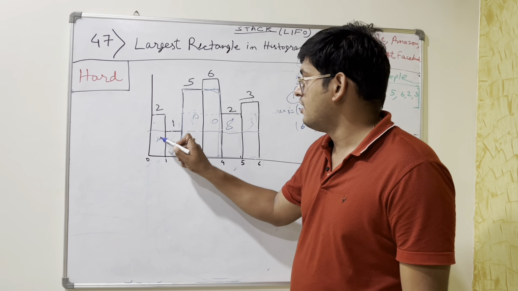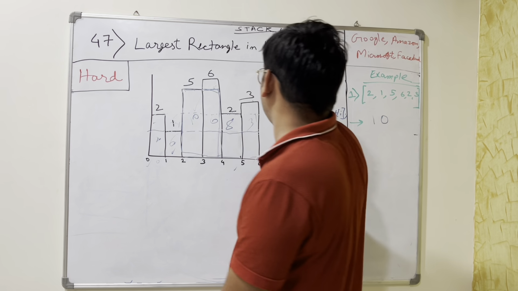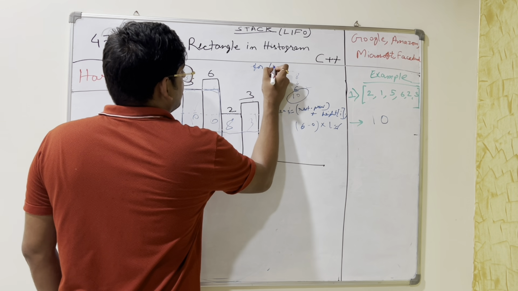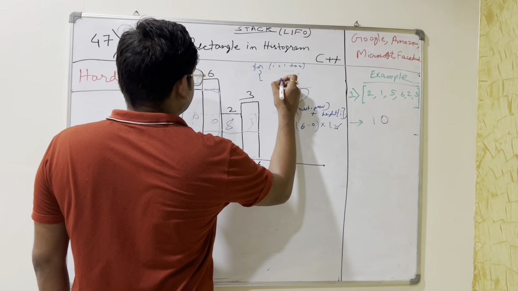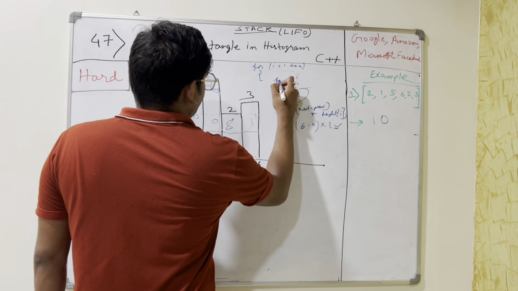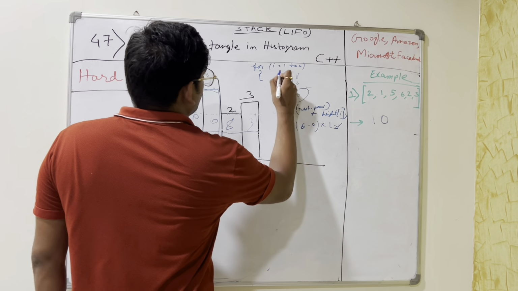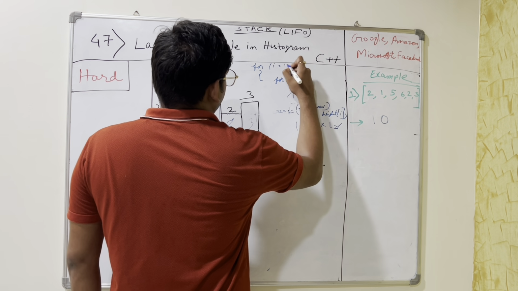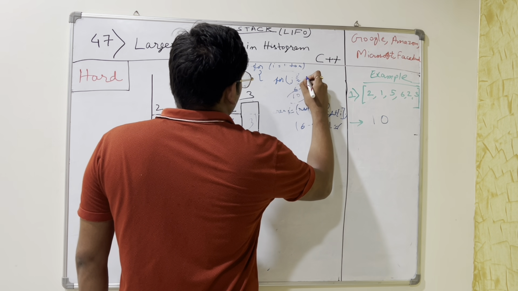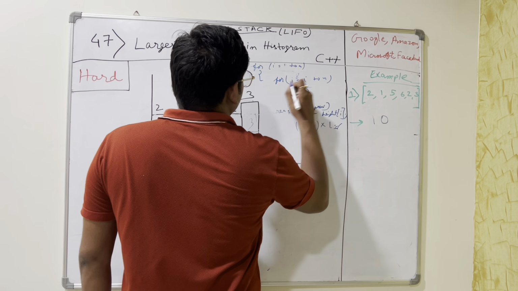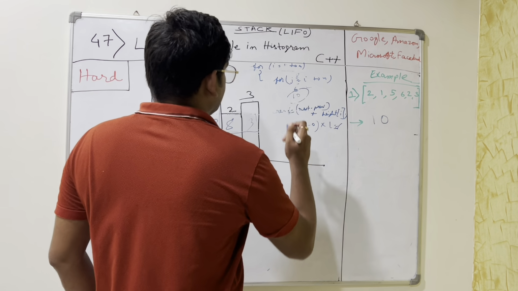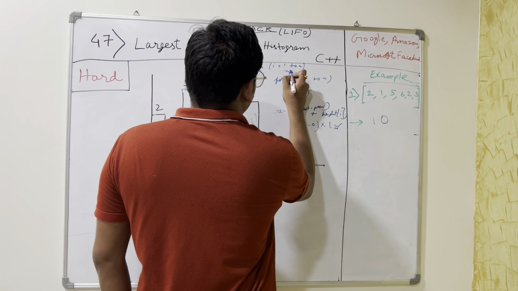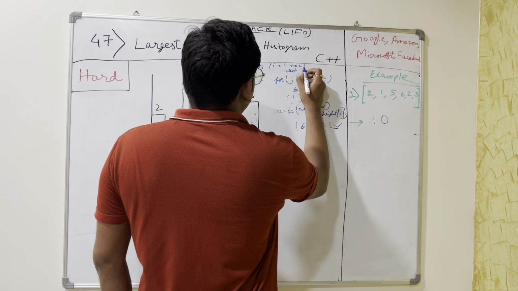I've just told it. So we'll go here. We will have a loop for i equal to 0 to n, and for j equal to i to n. For each of them, we will find the previous smaller and the next smaller.